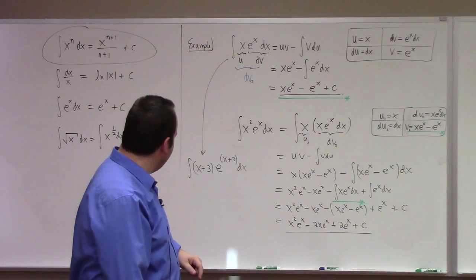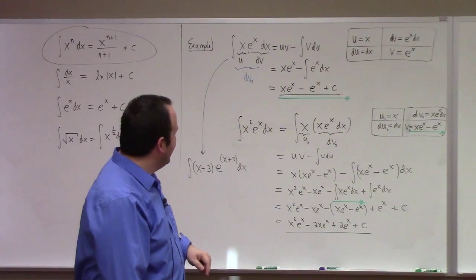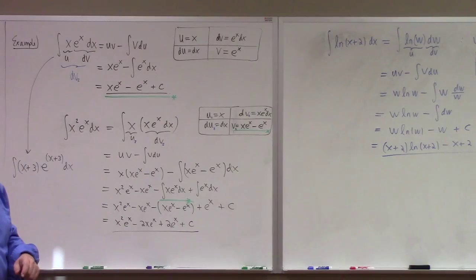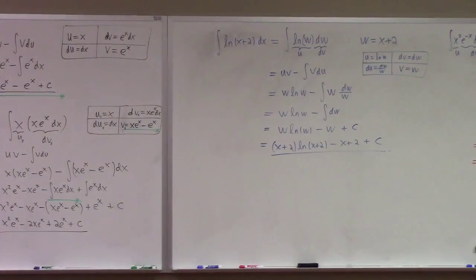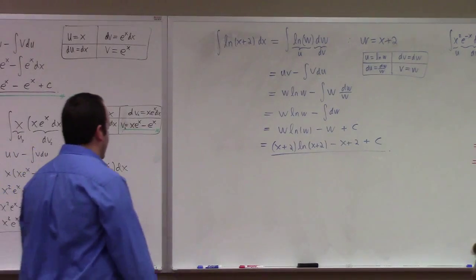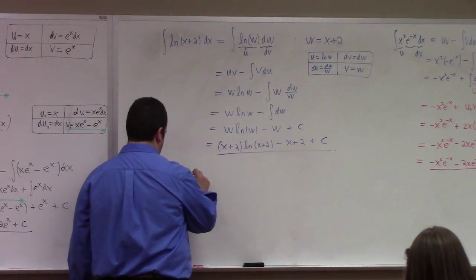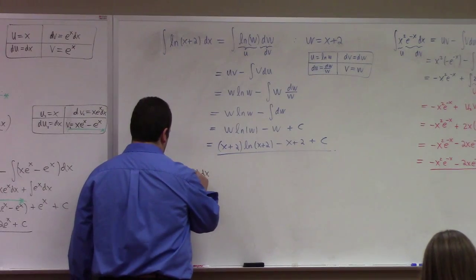Would you go about that the same way if it was, let's say, the integral of x ln 3x dx? If I had the integral of x ln 3x, like this.